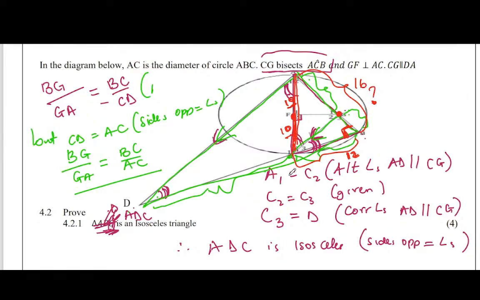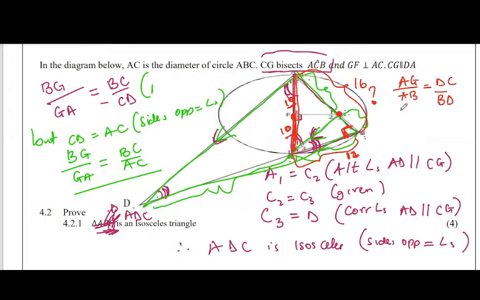So what I'll do is say that if I have my AG over AB, it should be the same as DC, from here up to here, being the same as that.